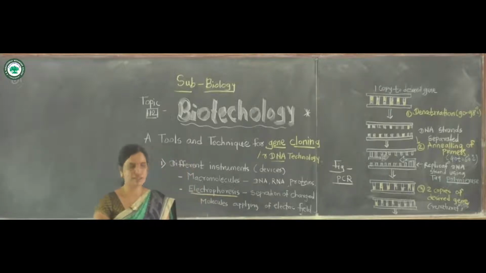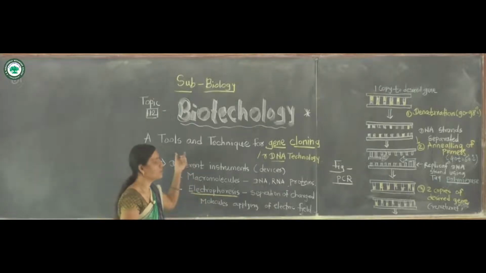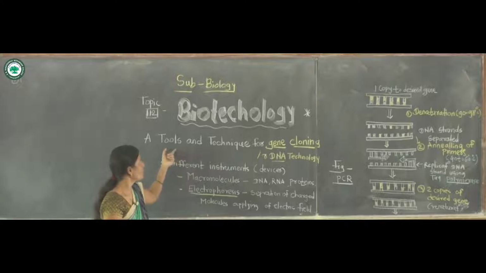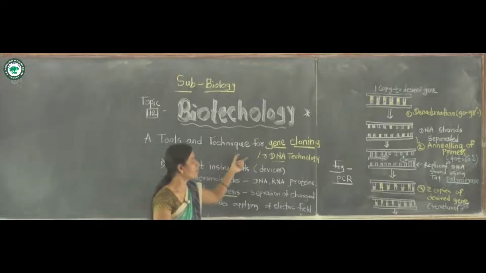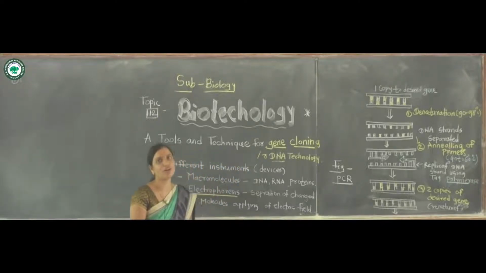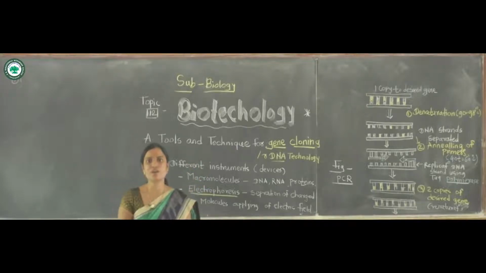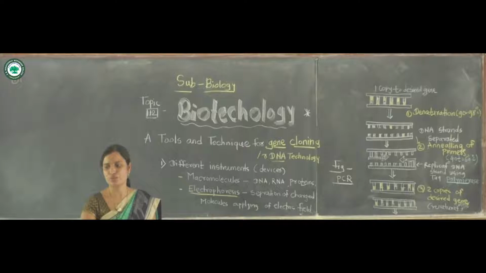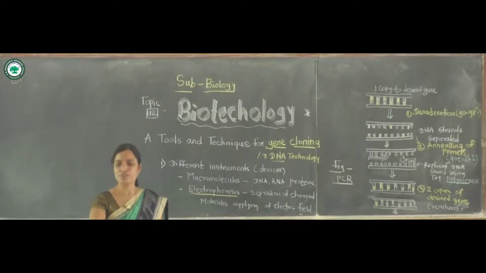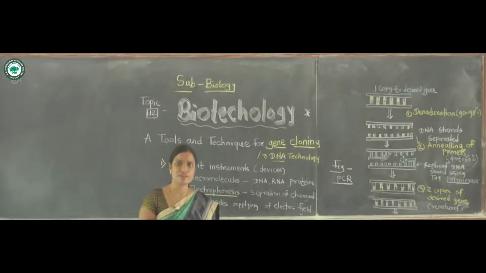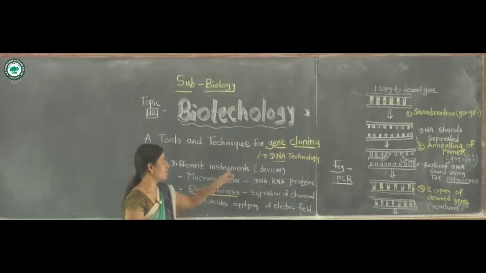Now the next concept we are discussing in this video is the tools and techniques for gene cloning or rDNA technology. There are some basic tools used for this biotechnology, and different instruments are used for it.